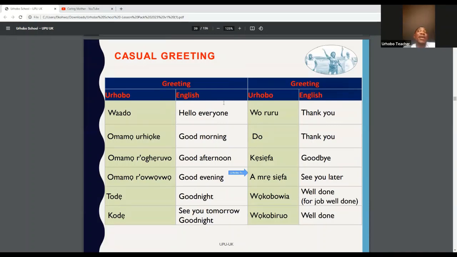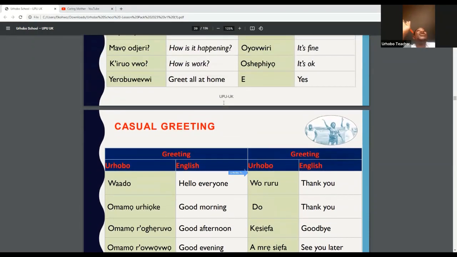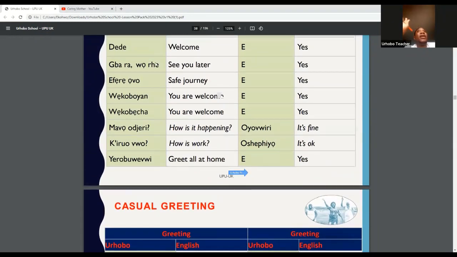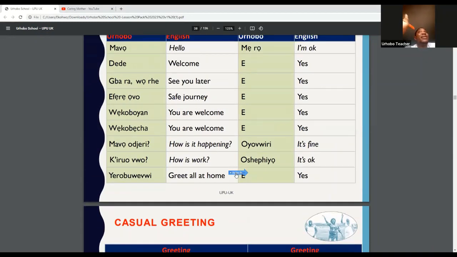Bara worry, the literal meaning is go and come. For those of you that understand Pidgin English, it means go come. That's what they say in Pidgin English. If somebody is going out, you say, go come. So that means the person is wishing you well.